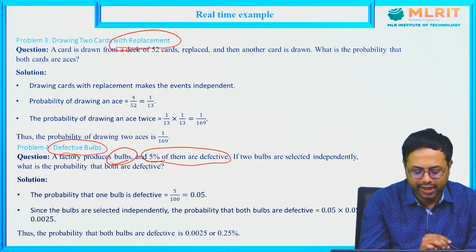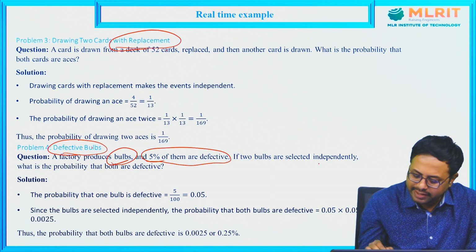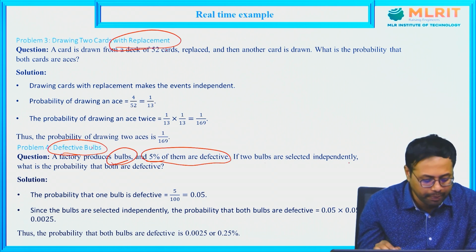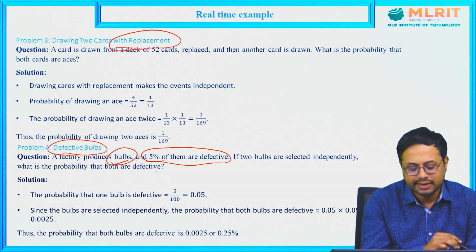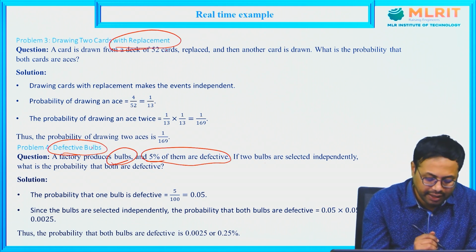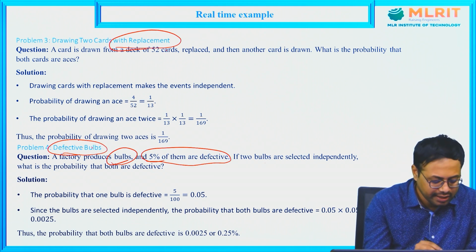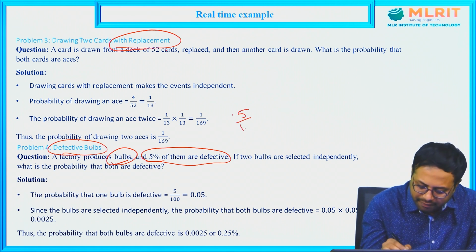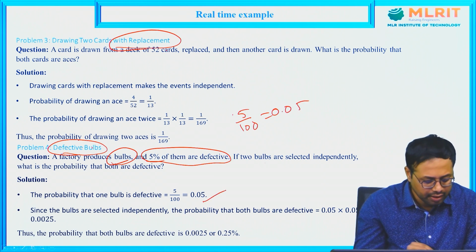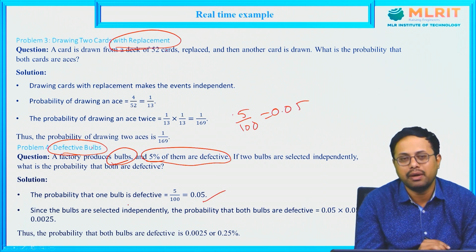If two bulbs are selected independently, what is the probability that both are defective? First, the probability that one bulb is defective is 5 by 100, that is 0.05. It is mentioned here.